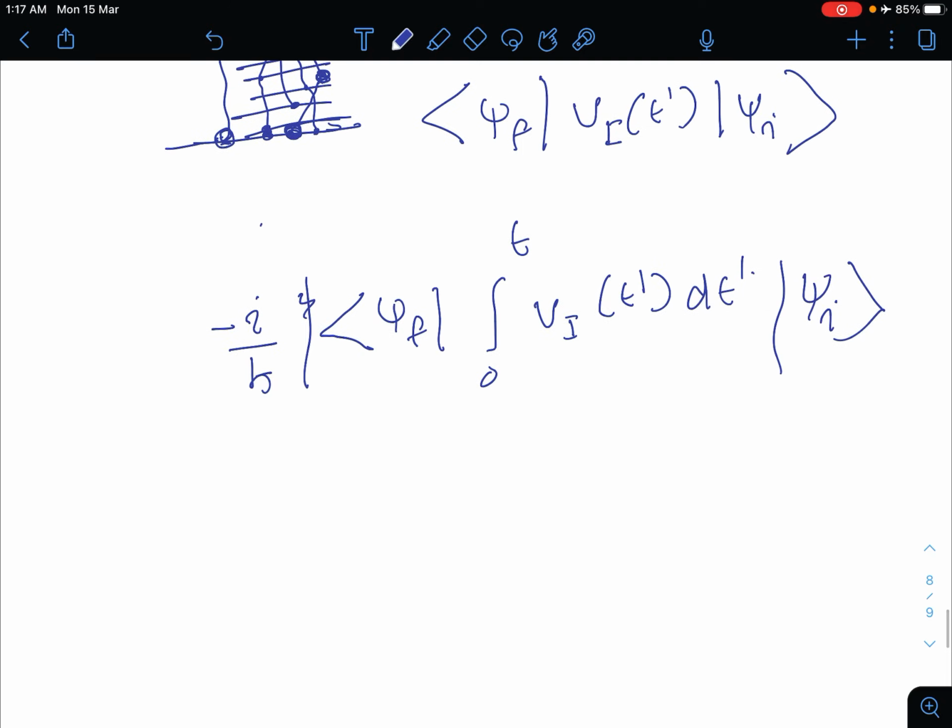Now this I can write. Leave this thing, we will put it last. Psi f, e raised to i h0 t dash by h cross.